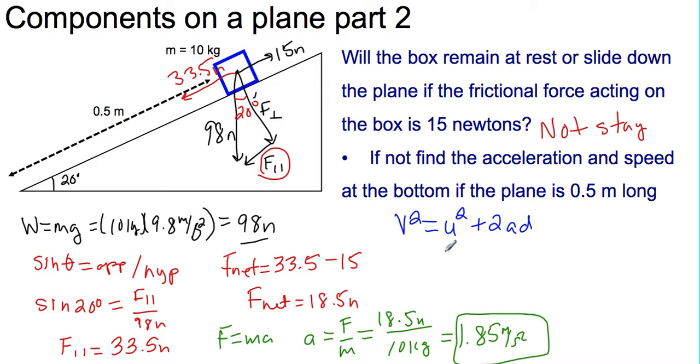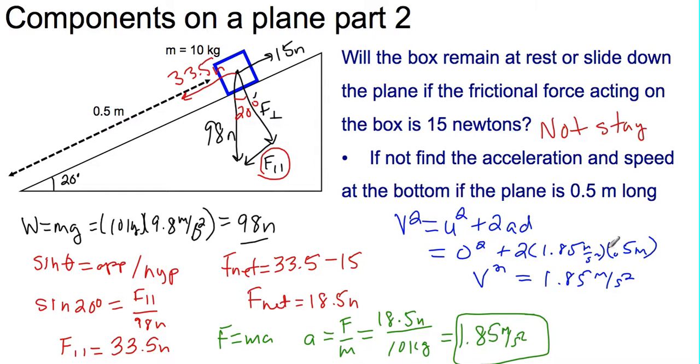There's no starting speed, so what we end up with is 0 squared plus 2 times our acceleration, 1.85 meters per second squared, times the distance, 0.5 meters. Then v squared equals 1.85, because 0.5 times 2 is really just 1, so we end up with the same thing, in meters squared per second squared.